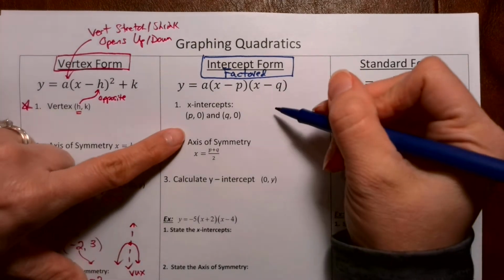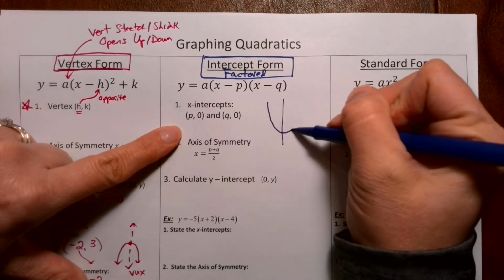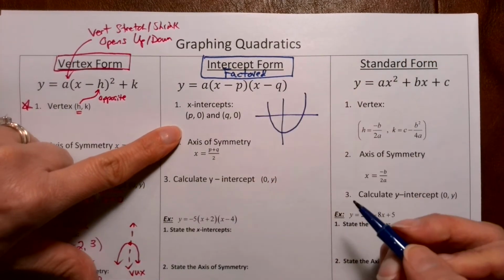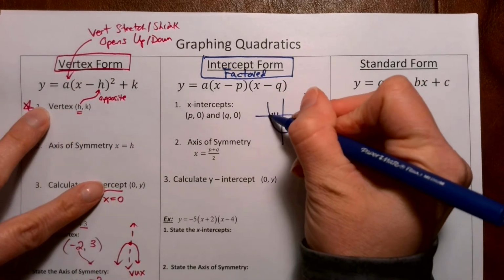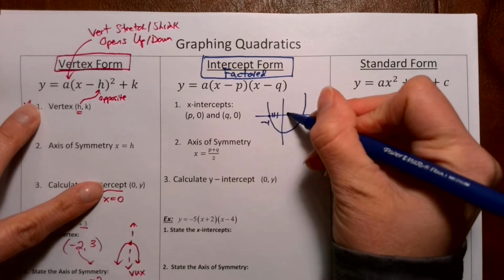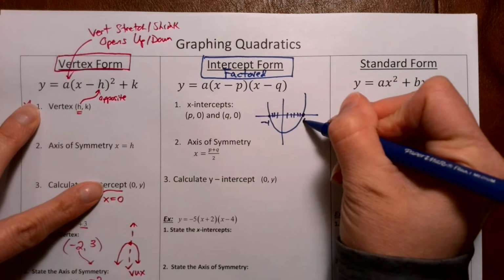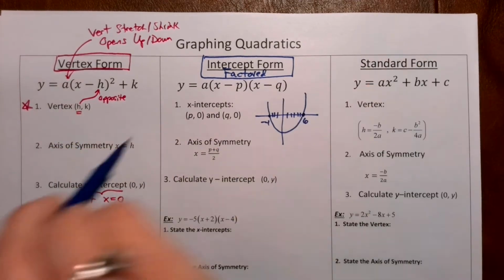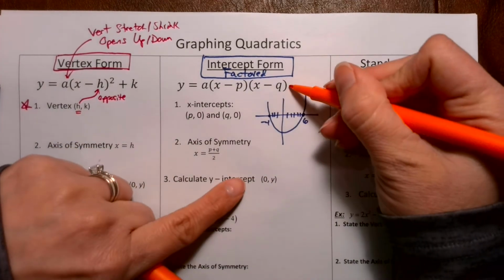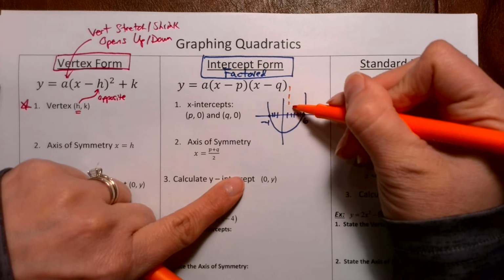If I happen to have a parabola, maybe opening up like this, and we have a couple of x-intercepts, 1, 2, 3. What if we have one at -4? 1, 2, 3, 4, 5, 6. If those are the two intercepts, the axis of symmetry, of course, would be going right down the middle of them.